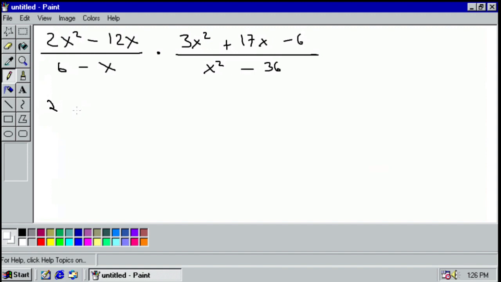Since both of them have a variable of x, we have a GCF of 2x. So 2x squared divided by 2x is x. And 12x divided by 2x, so the x will cancel, and 12 divided by 2 is 6, negative 6.